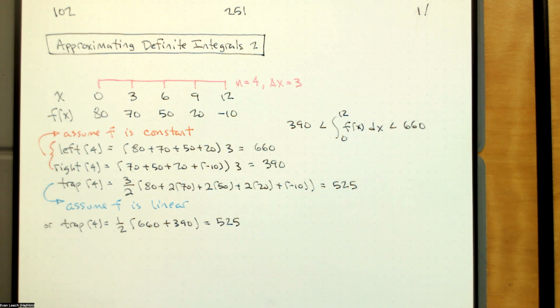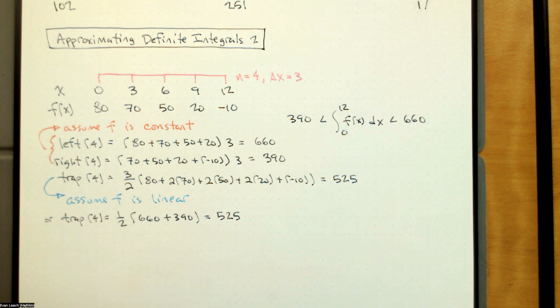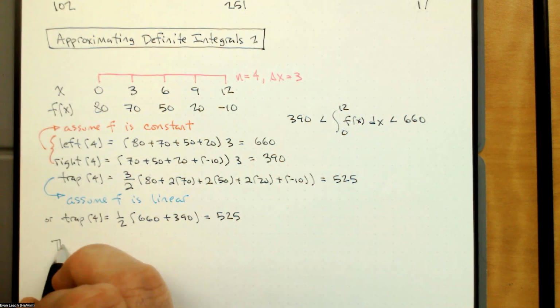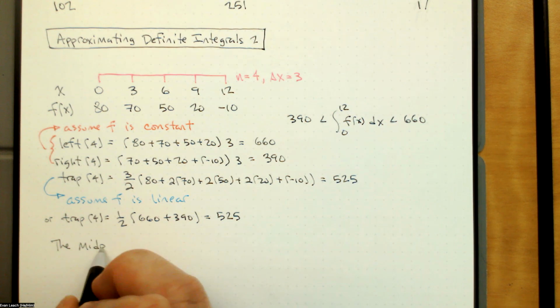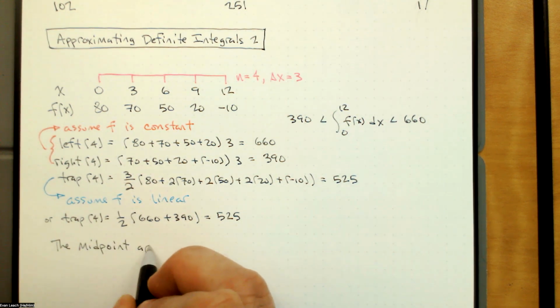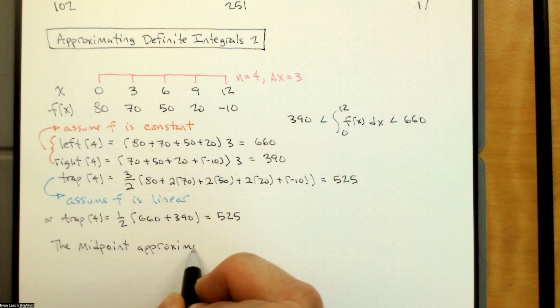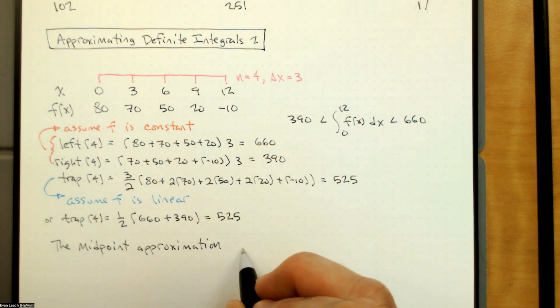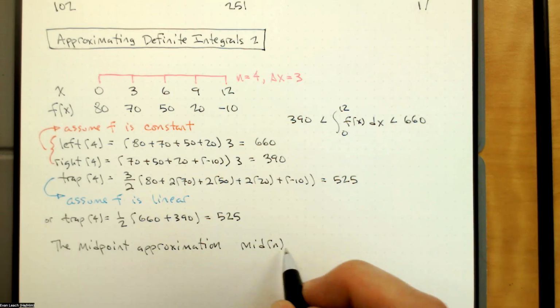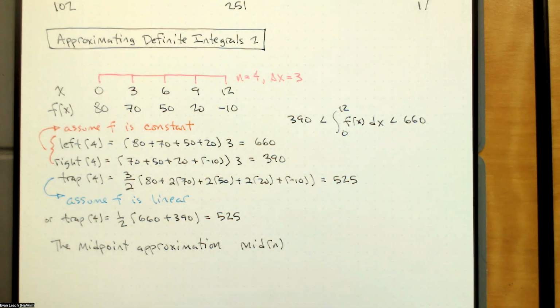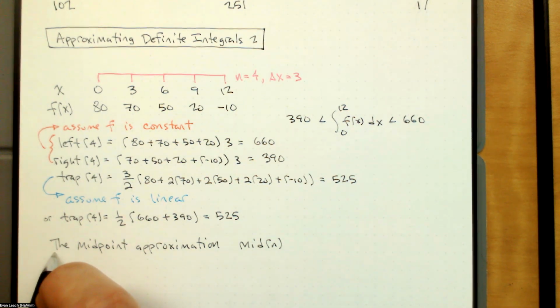So we're going to change up the scheme a little bit. I'm going to drop down to 2 subintervals because I'm going to calculate in a different way. I'm going to do a midpoint approximation. So this is our new approximation technique today, the midpoint approximation.